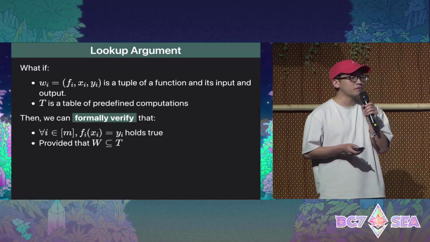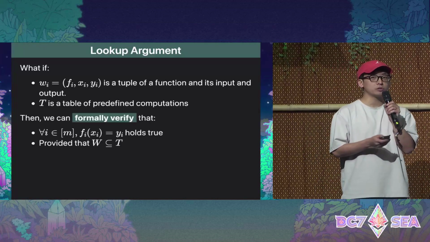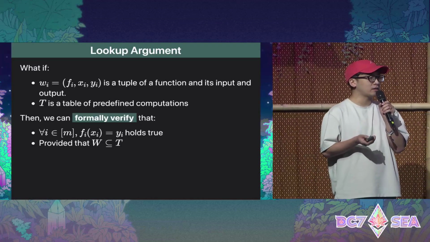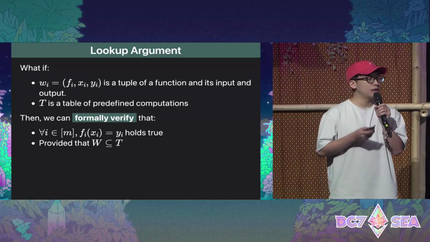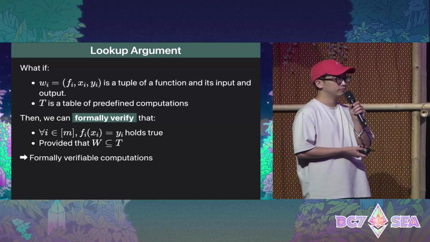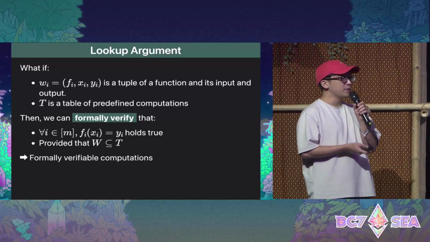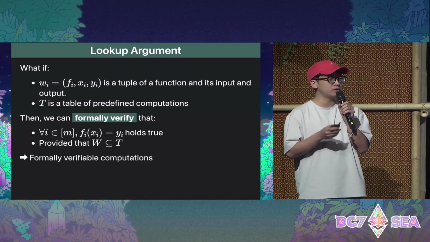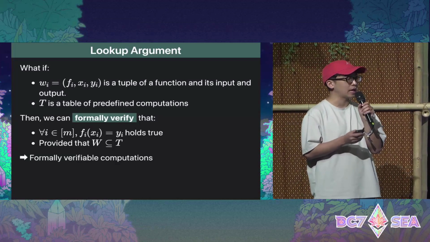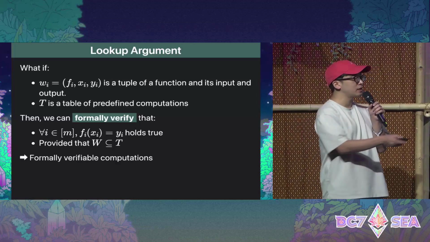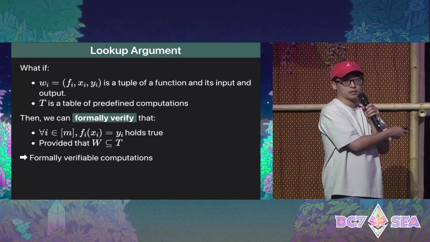Then we can formally verify that f of x equals y always holds true, provided that the witness is a subset of the predefined computations. This means we can ensure that each computed value corresponds to a valid function and input and produces the correct output as specified in our predefined table of computations.